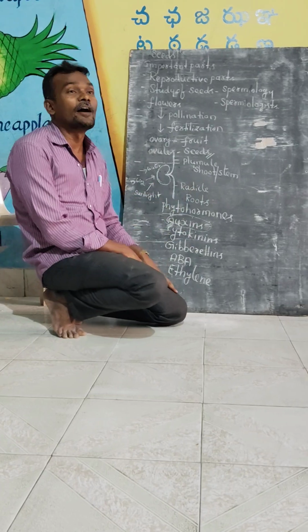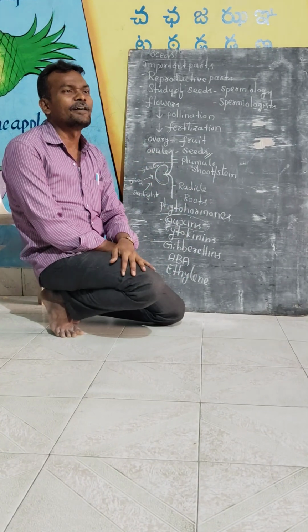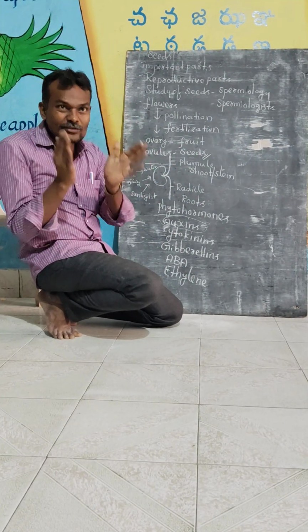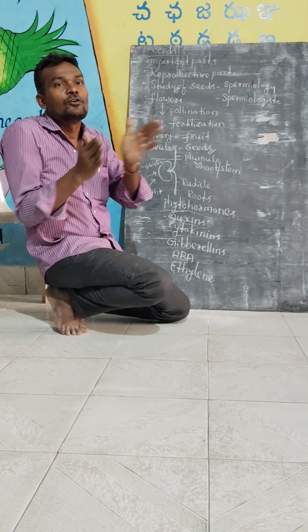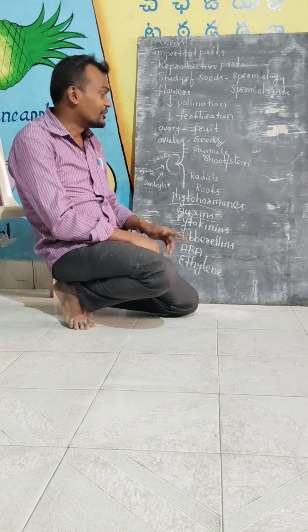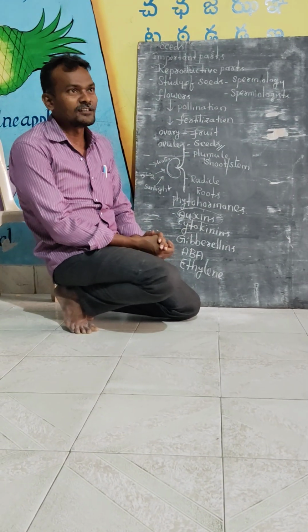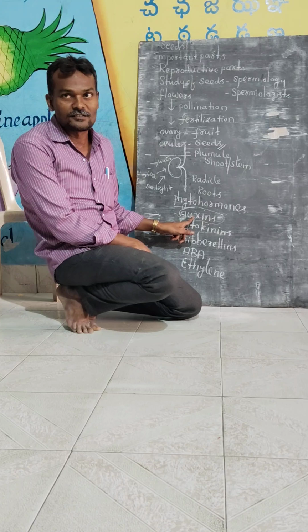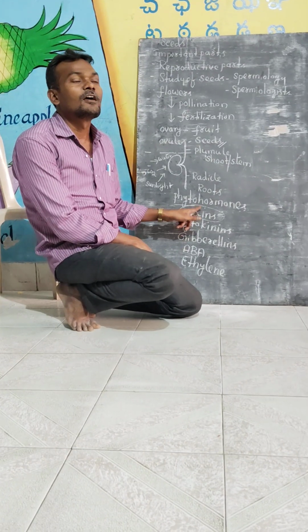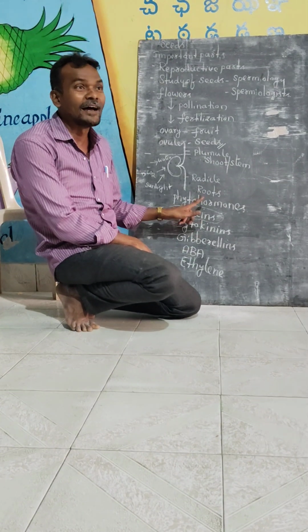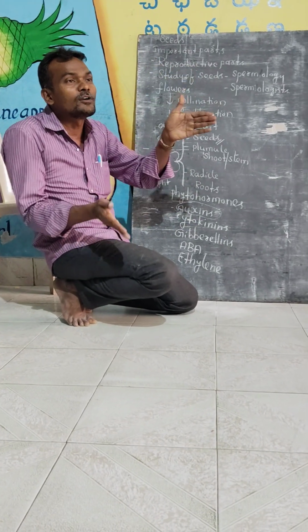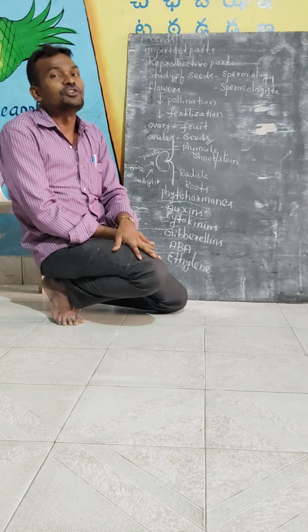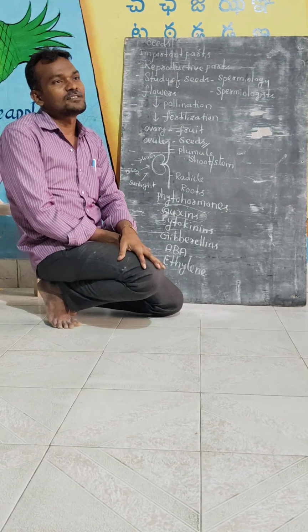So out of the 5, one of the most important phytohormones that plays a crucial role in the separation of root and stem during germination is auxins. So auxins are a kind of hormones present in the plants that help in the separation of root and shoot during germination of the seed.